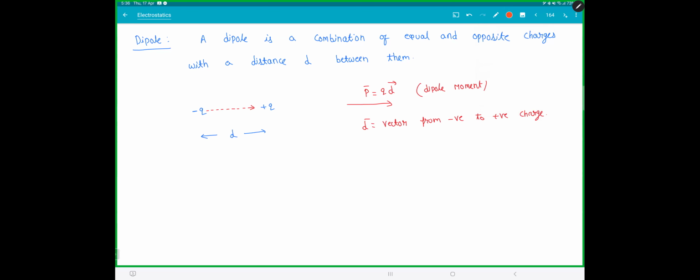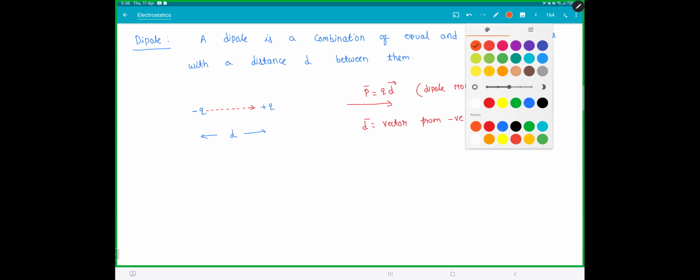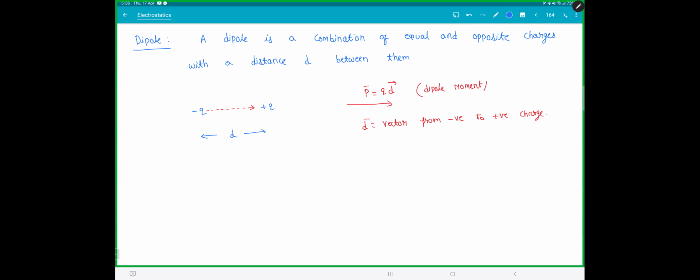That's it. So the simple definition of a dipole is this. Take two equal and opposite charges, keep them at a distance, and any one of the charges into the distance between them will give the dipole moment. It's a vector quantity. The direction is given from negative to positive charge.